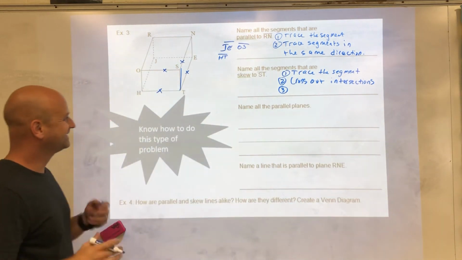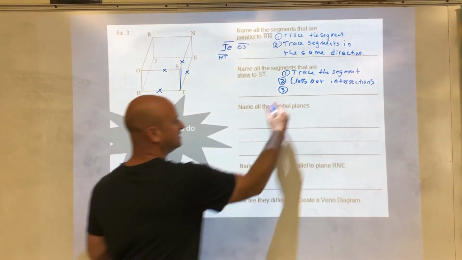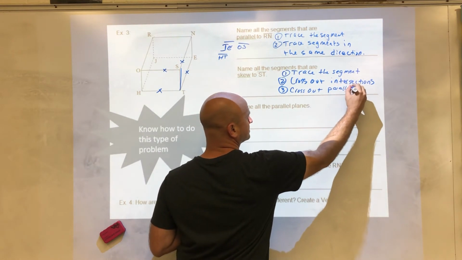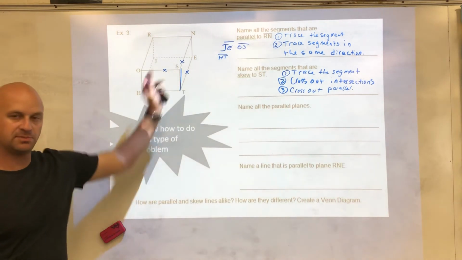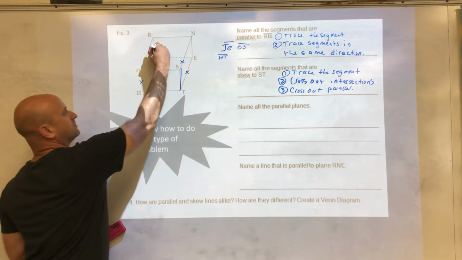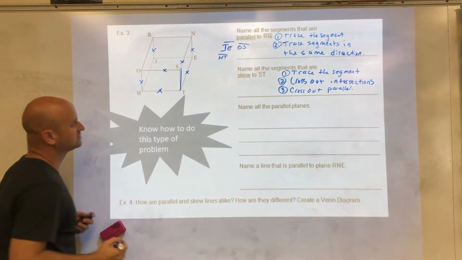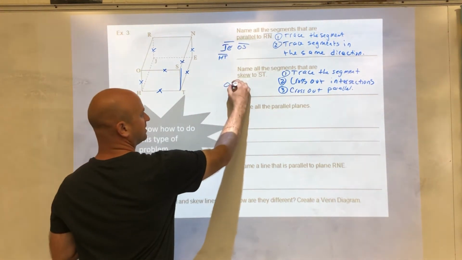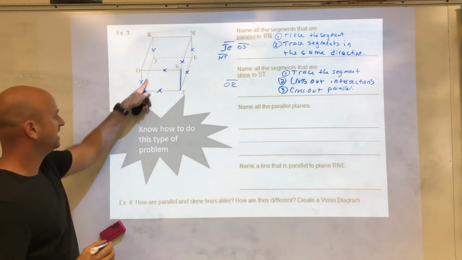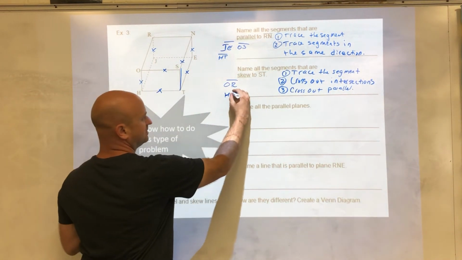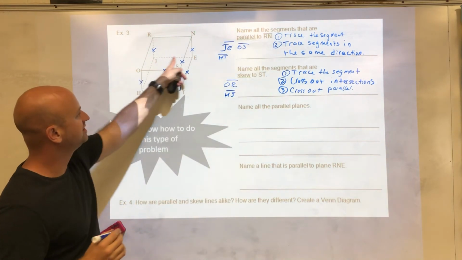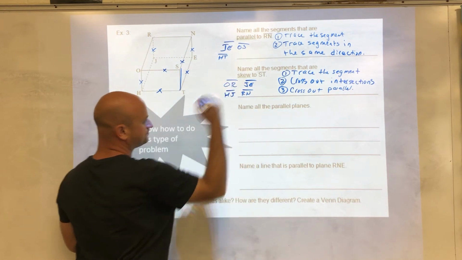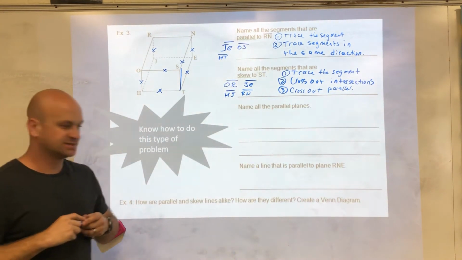All right. Now the next step is going to be to cross off any parallel segments. So because this is going up and down, we want to cross off anything that also goes up and down. And so that leaves us with a few answers. So right here we see OR is not crossed off. So that would be a skew line. We see HJ is not crossed off. So that would be a skew line. We see JE is not crossed off. That would be skew, and so is RN. Okay? And so that's how we would identify skew lines.